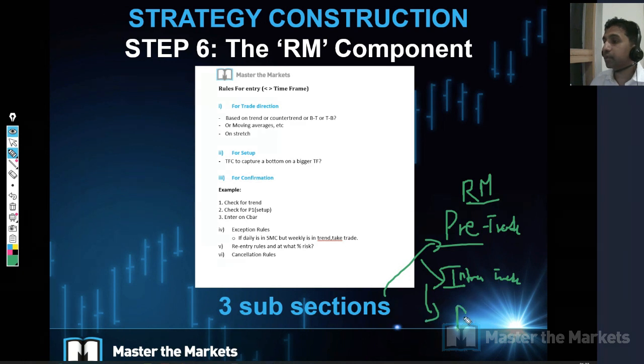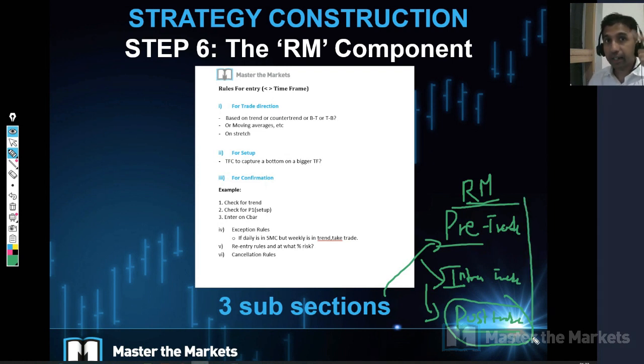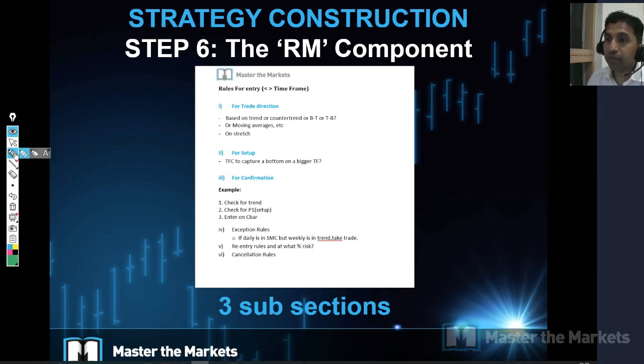Finally, it's called the post-trade. After you come out of your trade, what is the kind of risk that you should be looking at? Not many people really talk about the post-trade. I'll come to that in a minute. So in essence, in your crib sheet, as you subdivide it under risk management, there should be 3 subsections: pre-trade, intra-trade, and post-trade. Let's go into each one of them a bit more deeply.